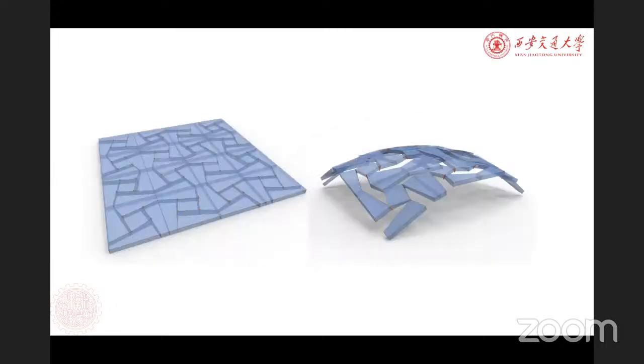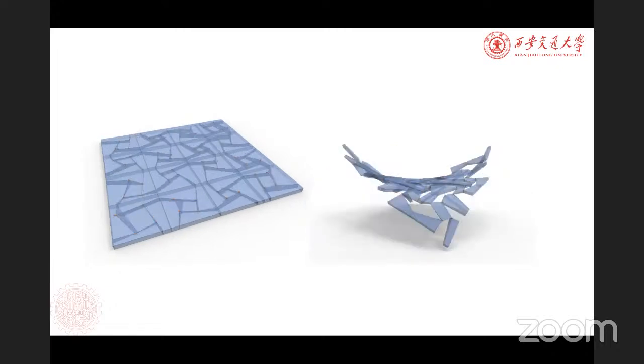We also tried to design 3D bistable structures. In the design of 3D bistable structures, the direction of the rotation axis between these basic elements is very important. Here we show two examples. If we look at the 2D patterns, they are quite similar, but the difference is their rotation axis in the thickness direction.